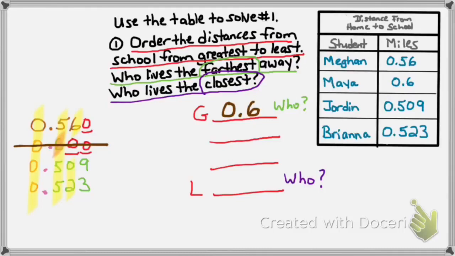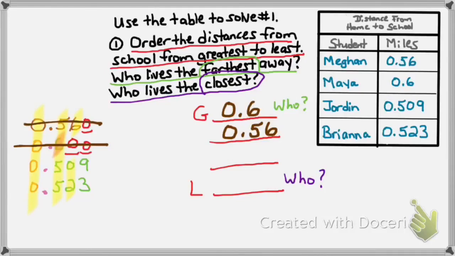What's greater, 6, 0, or 2? That's right, it's 6. So that's the number that I will write down next. Remember, when I copy it, I'll be copying it without the place value zeros. So I will copy 0, decimal, 5, 6. And I will cross that number out because I'm done with that number.